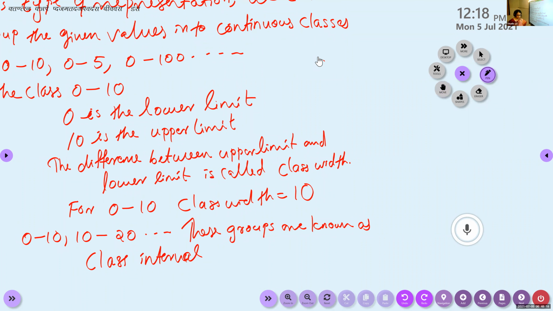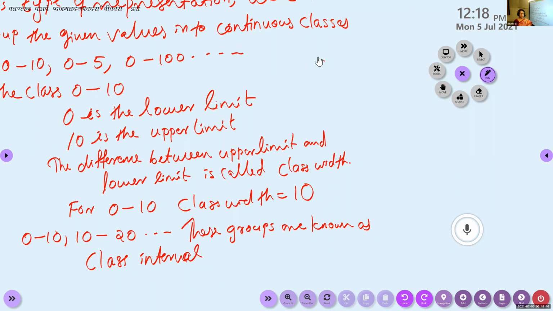Now page 73, Try this. Frequency distribution of daily income of 550 workers in a factory.